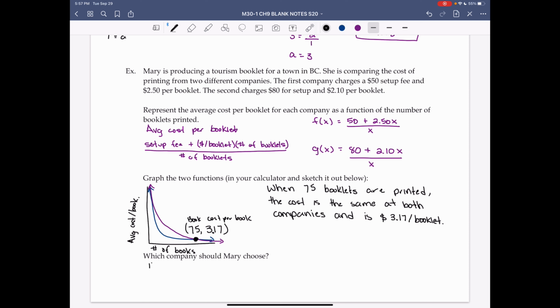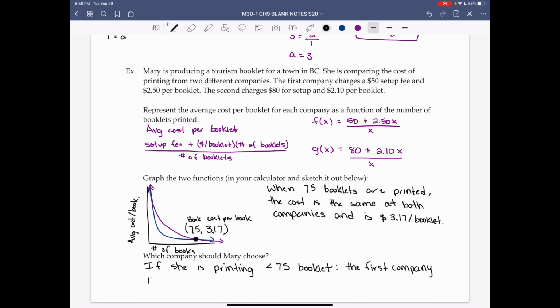So if she is printing less than 75 booklets, then we would say to choose the first company, because that was the blue graph, which has a lower y value for x values lower than 75.